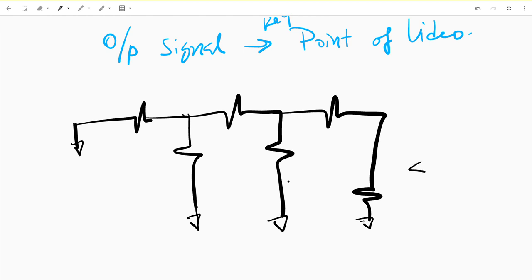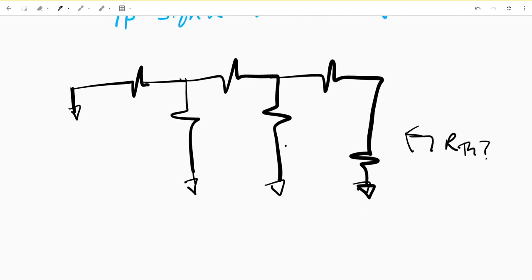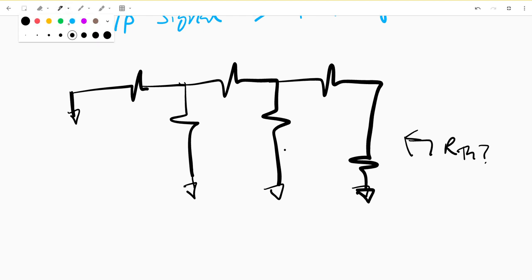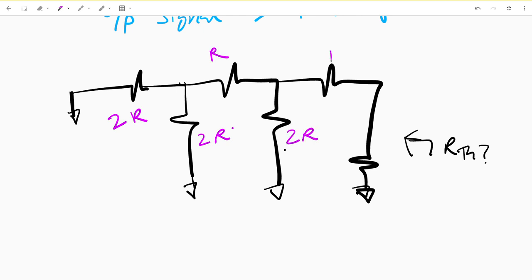And we look in, this is ground, and we ask what our RTH is, given the following resistor values: 2R, 2R, R, 2R, R, and 2R.